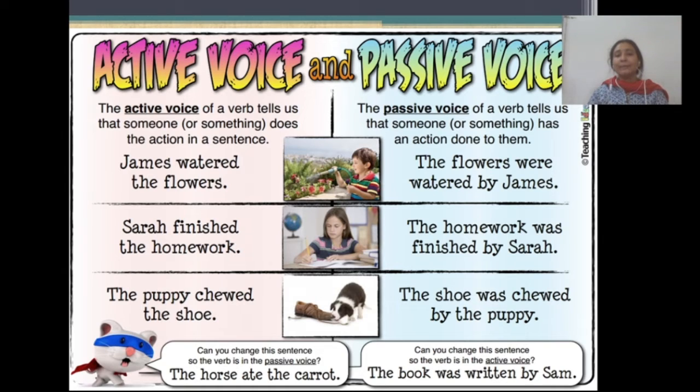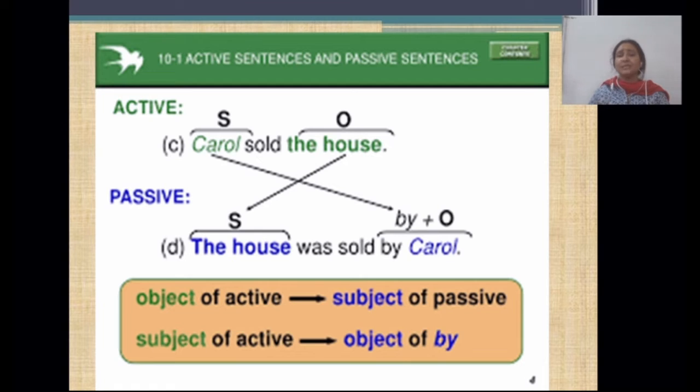Now, who is doing the action? The puppy. And in the passive, the shoe was chewed by the puppy. So, we can understand that in the active, the doer is important, and in the passive, who has received the action is important. We will not change the tense of the sentence.